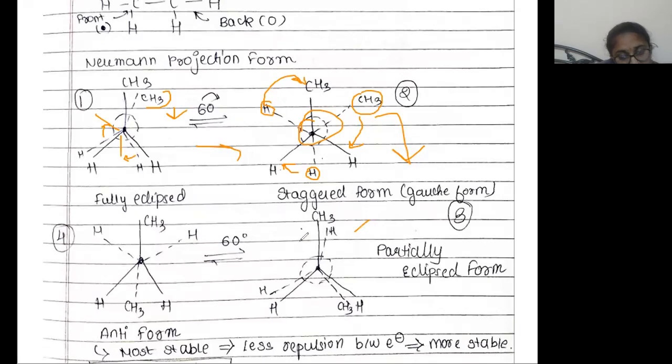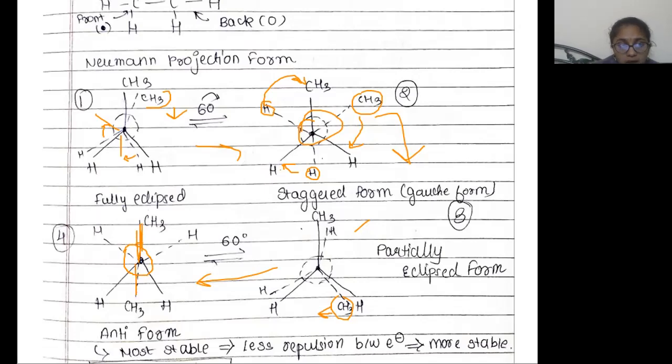After this, if we rotate again, finally this CH3, which was partially eclipsed on the H, will come here fully opposite to the CH3 of the front carbon atom. This is the front, while we again draw the circle here for the behind carbon atom.